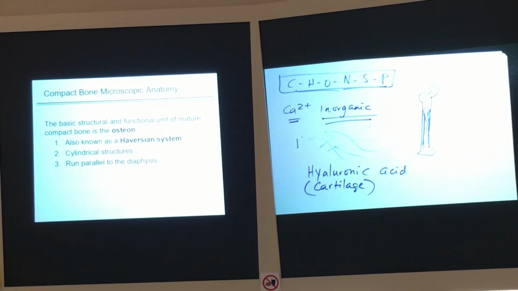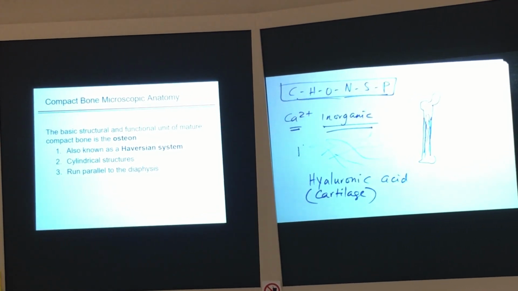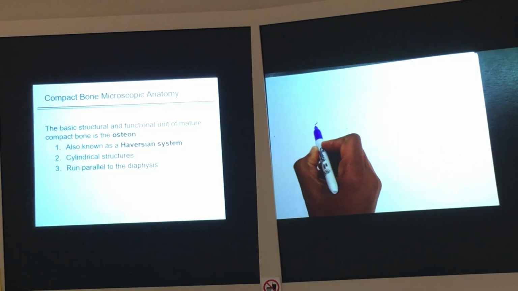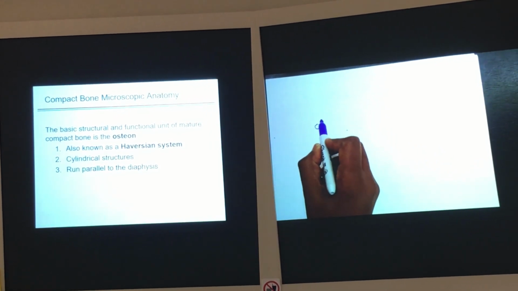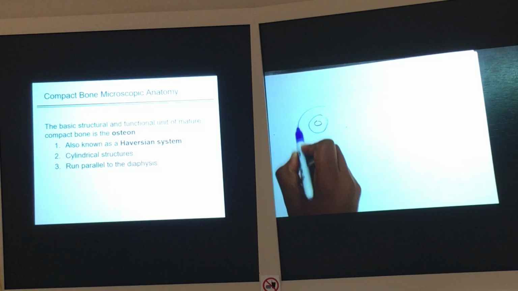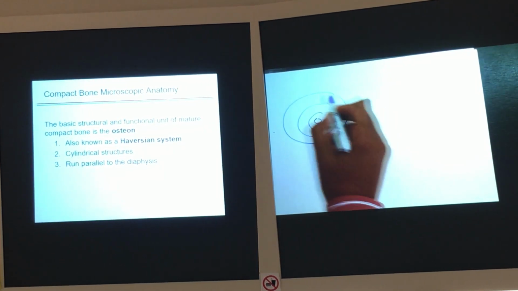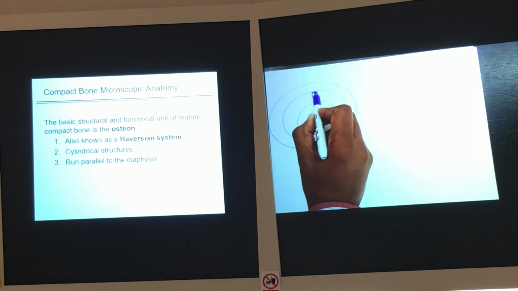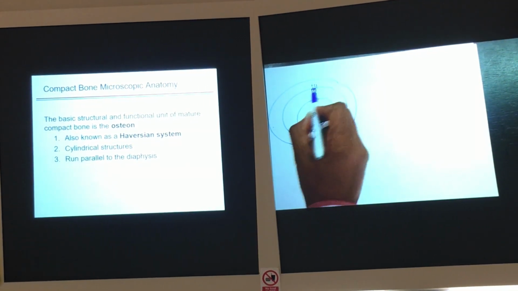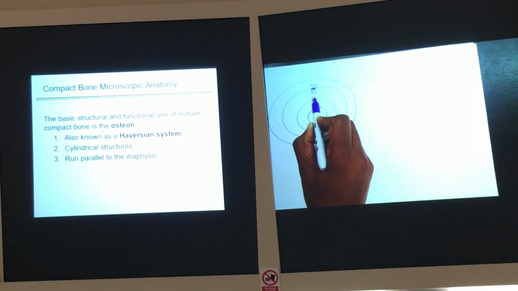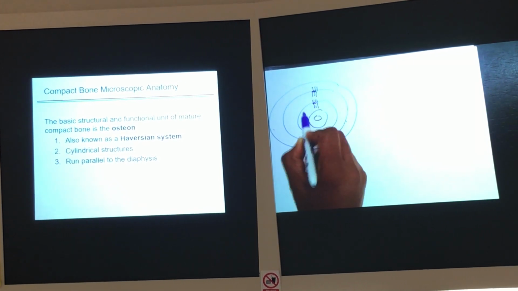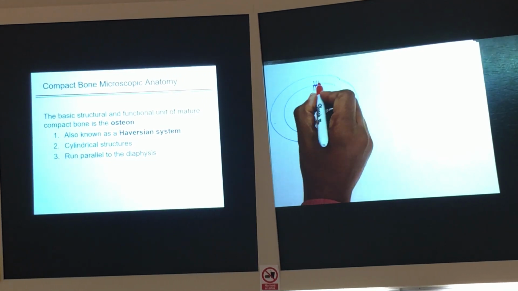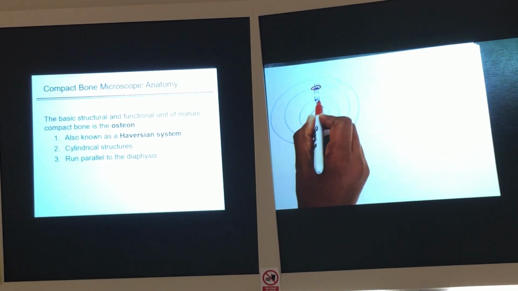So when you see this compact structure, the way it's going is it has got a blood vessel, it has got like ring-like structure, and then on this ring-like structure, it has got osteocyte. So the osteocyte connect this, but the osteocyte is in a space. What is the name of the space called?